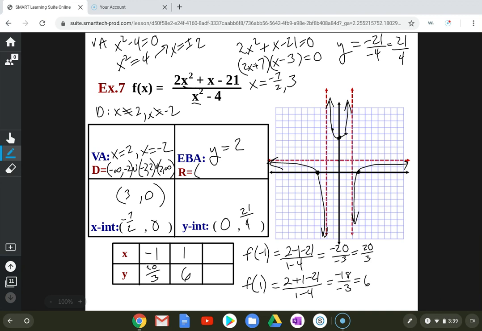I can tell you for sure it's negative infinity to 2, but then there's no graph from 2 to around 1, 2, 3, 4, 5 to 21 fourths. So if we put 21 fourths to infinity, we'd probably be really close. I don't know if we'd be perfect, but that's okay. That's getting a little too picky.